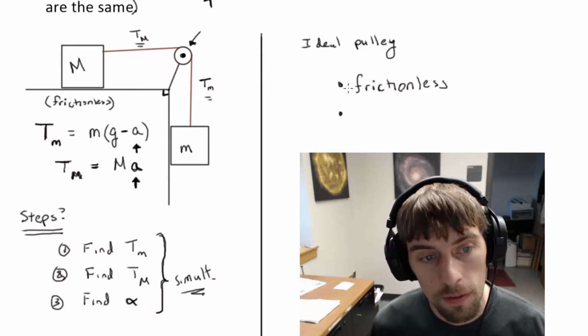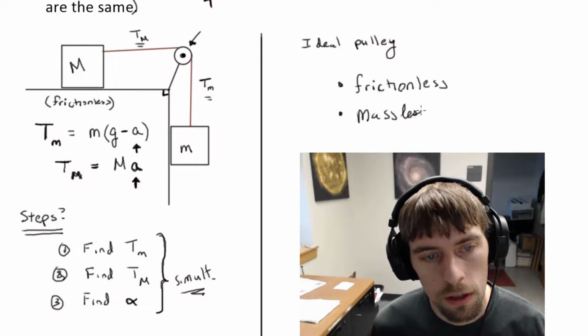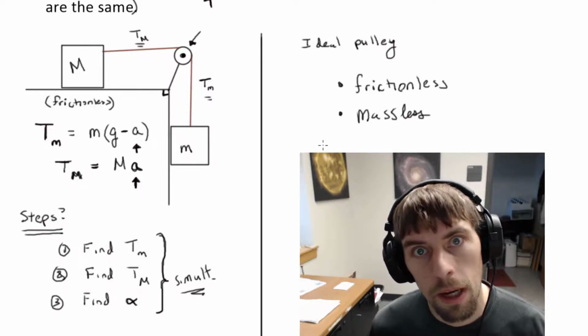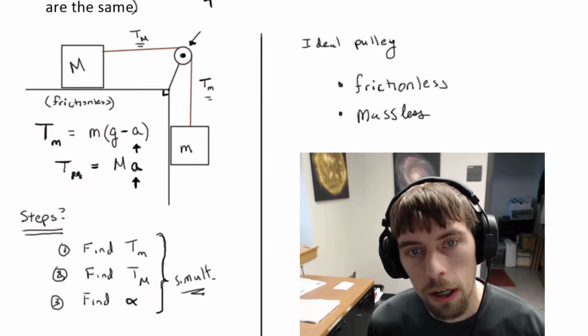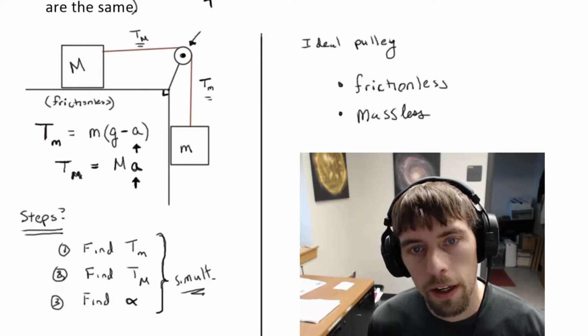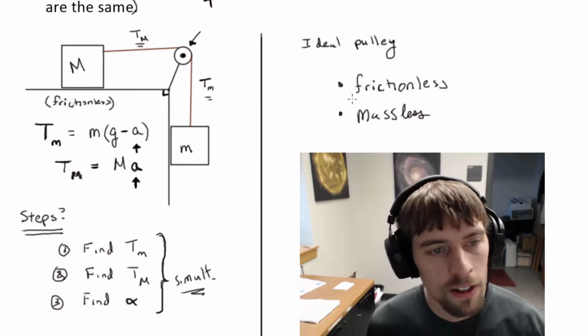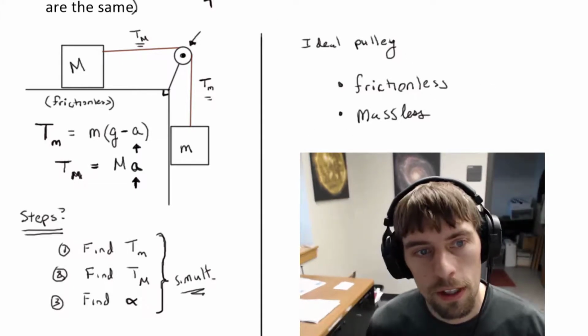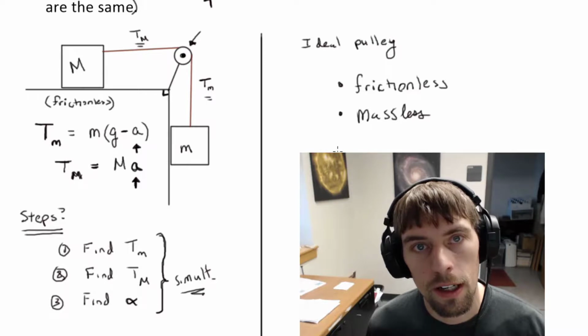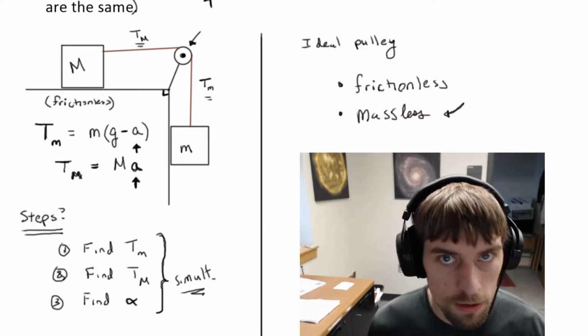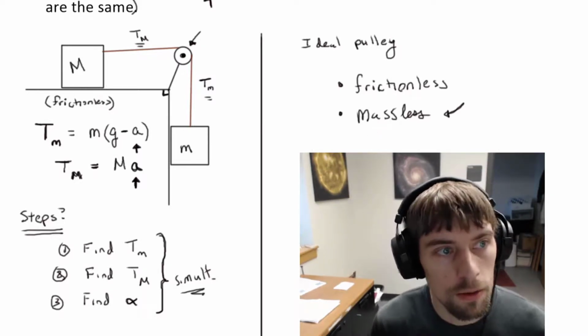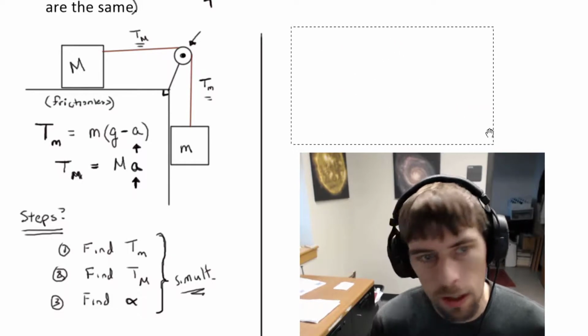But the other one is very important, massless. Is the pulley massless? No, you're told it right here in the problem, right? You're told that it has a mass. So I put the second sentence in because I did not want you to accidentally apply this approximation, that the pulley is ideal. We are removing that restriction. It is no longer a massless pulley.